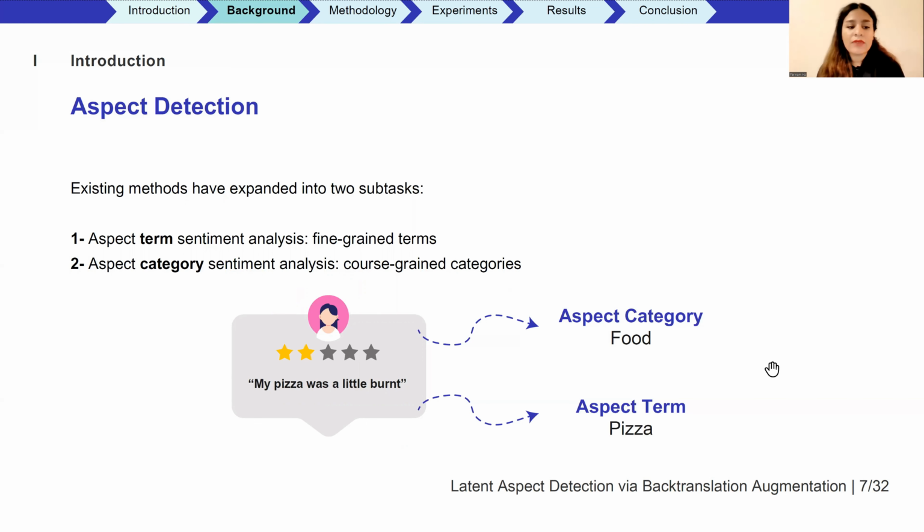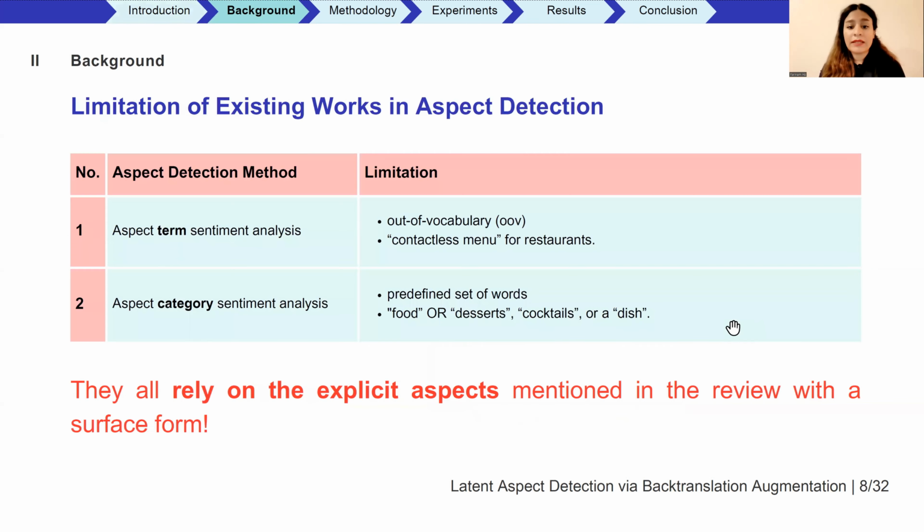On the other hand, we have aspect categories, in which we map a review into some predefined set of words, which are coarse-grained categories. For example, if we have the review, my pizza was a little burnt, we find the category food and we find the term pizza.